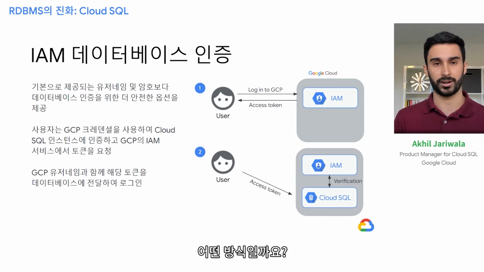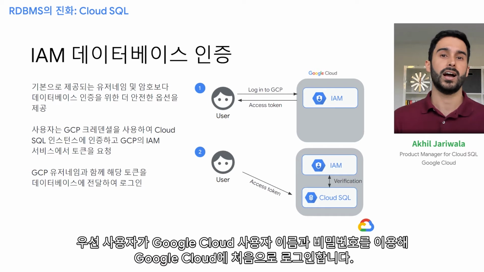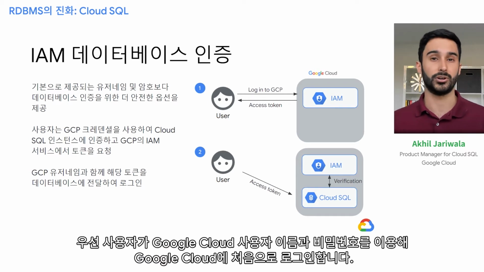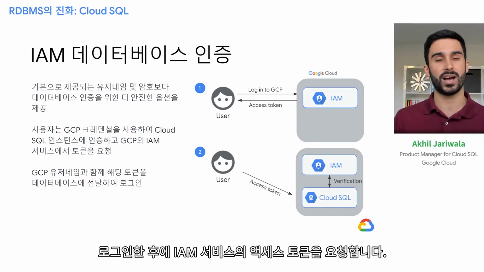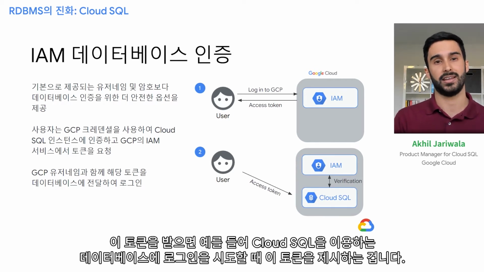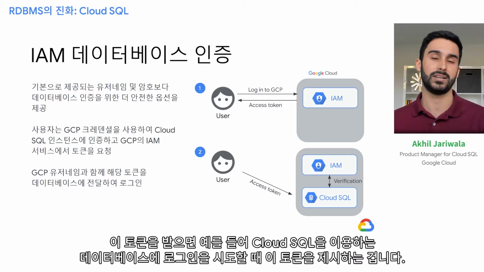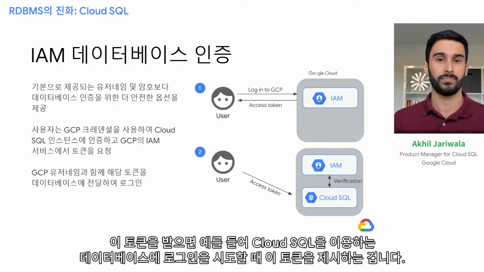So how does this work? Effectively, a user first logs into Google Cloud with their Google Cloud username and password. Once they're in, they request an access token from the IAM service. They take this token and present it when they're attempting to log into the database using gcloud, for example.